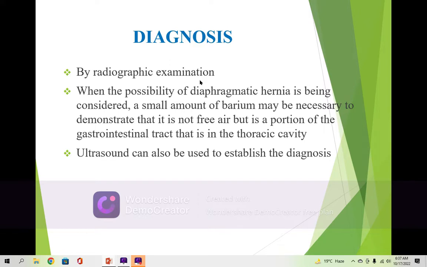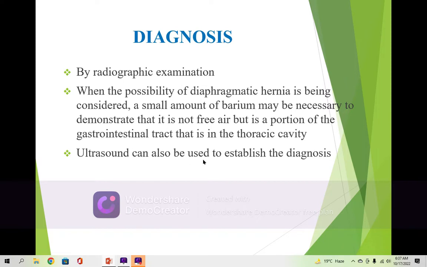Diagnosis is by clinical examination and radiographic examination. With the possibility of diaphragmatic hernia being considered, a small amount of barium may be necessary to demonstrate that it is not free air, but a portion of the gastrointestinal tract that is in the thoracic cavity. Now this type of test is not done nowadays.